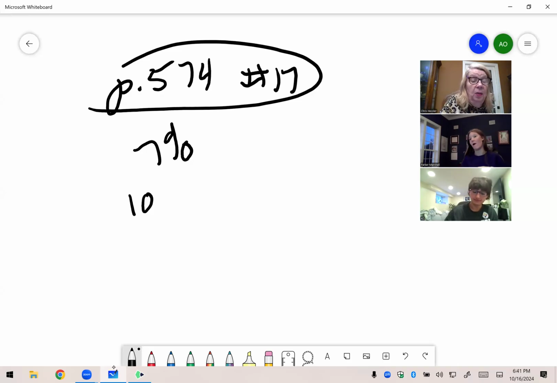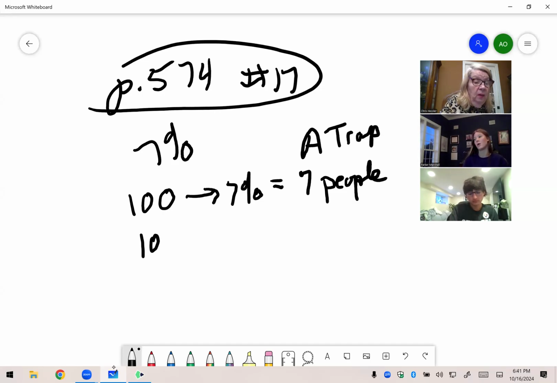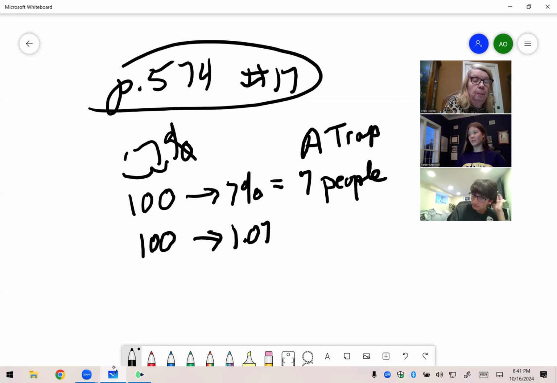Let's say there's 100 people in the town. You could pick a number. If it went up 7%, I want this to be clear in your mind, that would only be 7 people. Do you see that? So A is a trap. But if I pick C, drop the percent, move it 2 over.